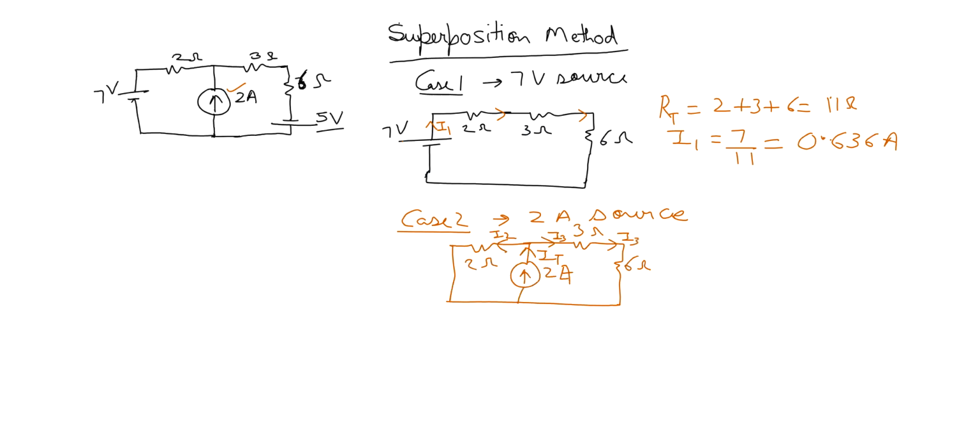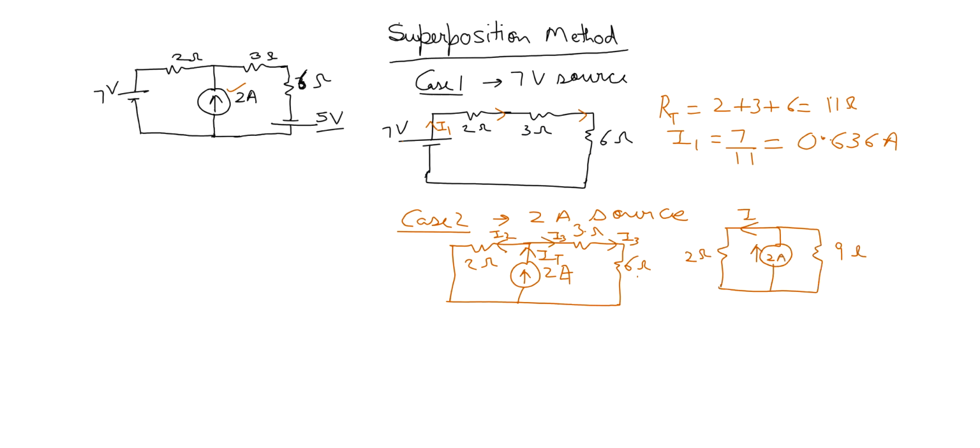If I redraw this, this is the 2 ohm resistor, this is the 9 ohm resistor, considering 3 plus 6, and then the 2 ampere current source. So it splits here into I2 and I3.